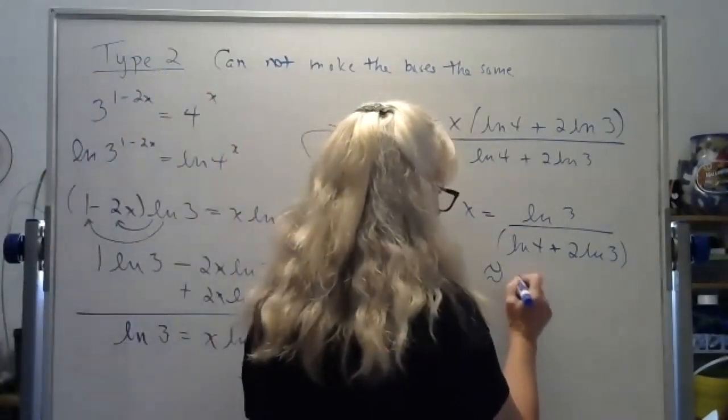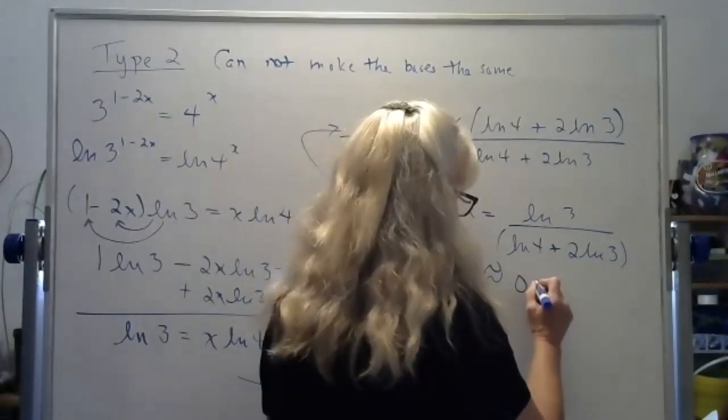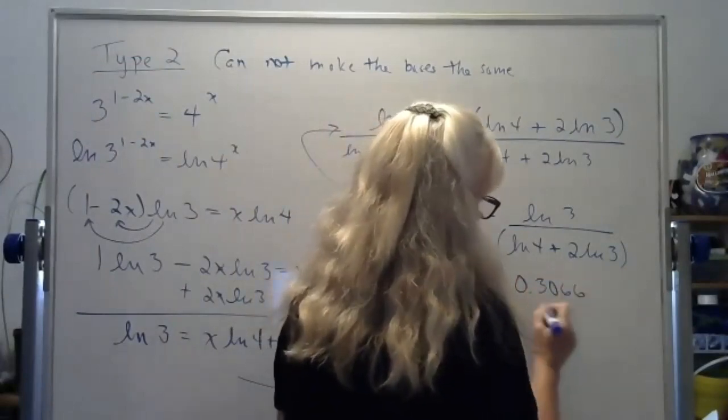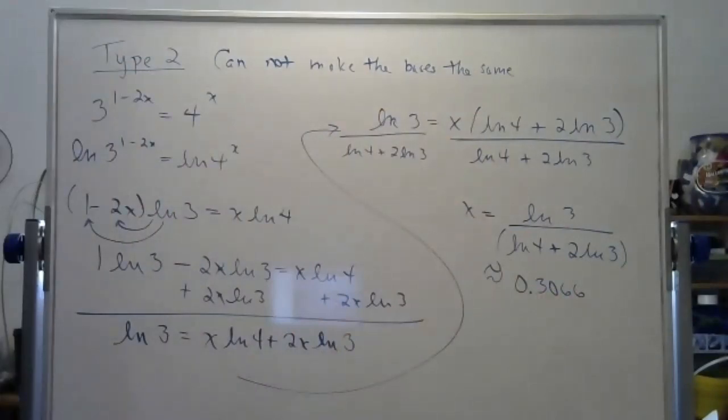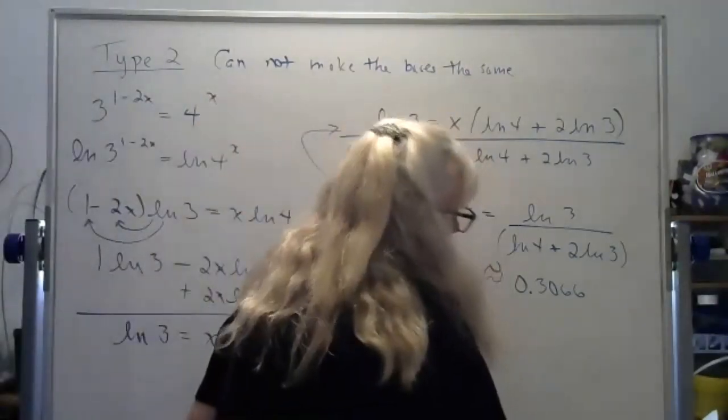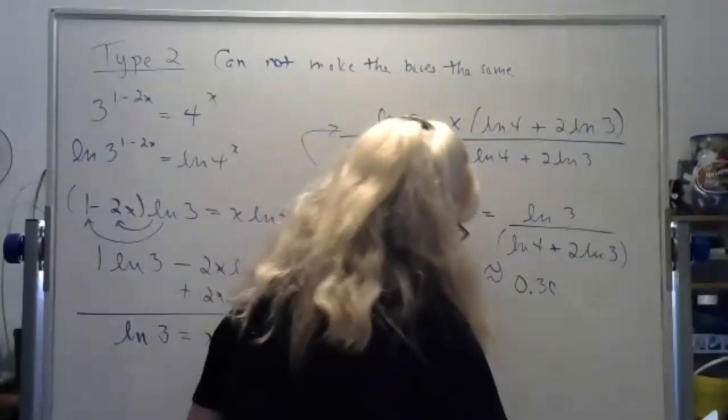And I get 0.3066 is the decimal equivalent. And again, the book wants you to carry 3 decimal places. So if we round this to 3 decimal places, we'll go 0.307.